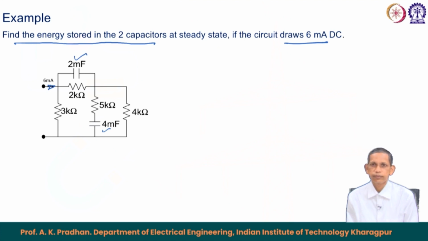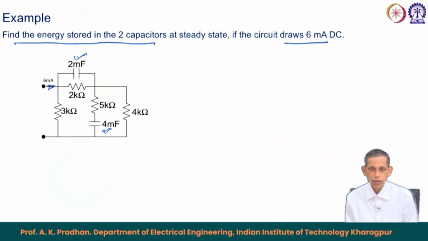The circuit has certain resistances with capacitors connected across them: 2 millifarad across the 2 kilo ohm resistance, and 5 kilo ohm and 4 millifarad in series in another path. The question asks for the energy stored in the 2 millifarad and 4 millifarad capacitors. As you know, this is a DC circuit.